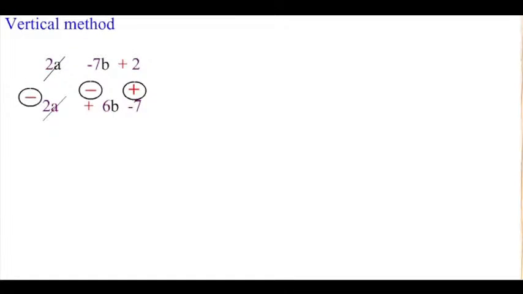Vertical method. 2a minus 7b plus 2 minus 2a minus 6b plus 7. The answer, 0 minus 13b plus 9.